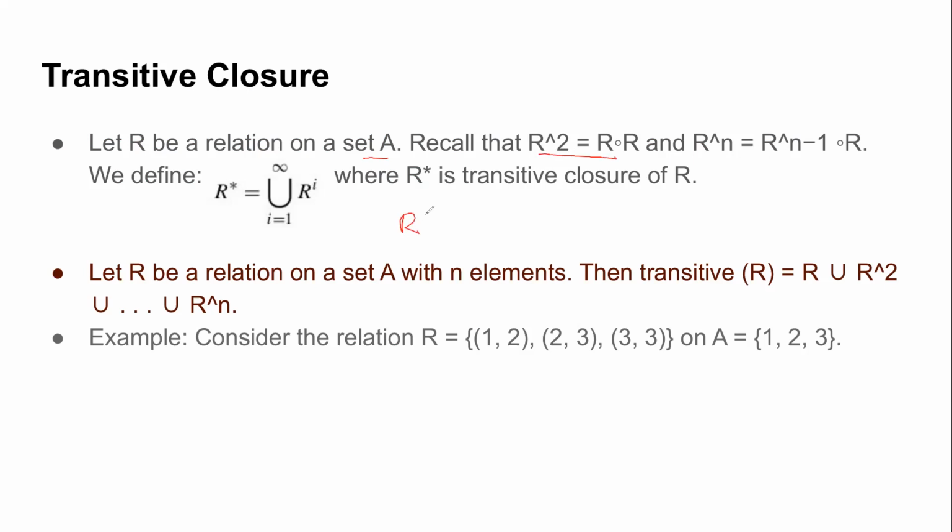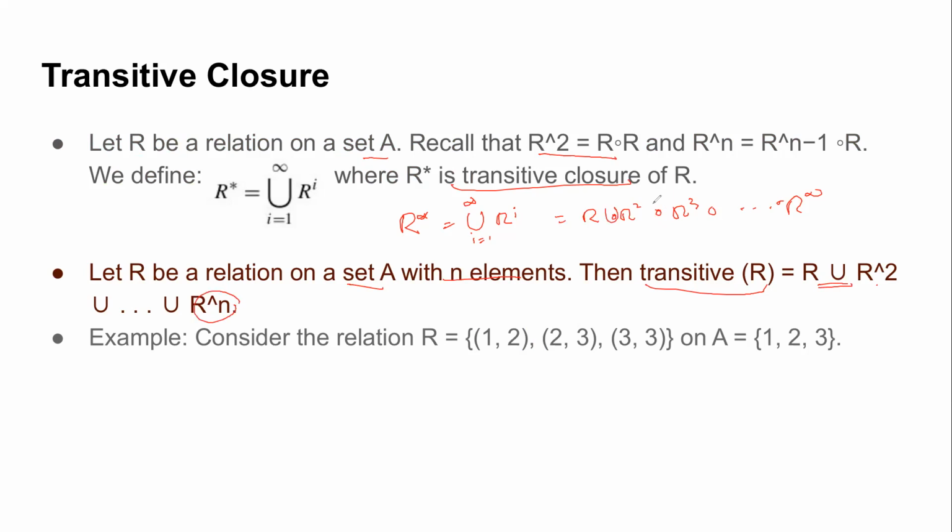So if I define R star, which is the union of R^i from 1 to infinity, that means R square, R cube till infinity, this is known as the general transitive closure of R. Okay, to take the infinite composition, the infinite powers of R. But since we don't deal with infinite things, if we have a set which has finite n elements, in general we can find the transitive closure of R by taking the union of the compositions of R till R^n.